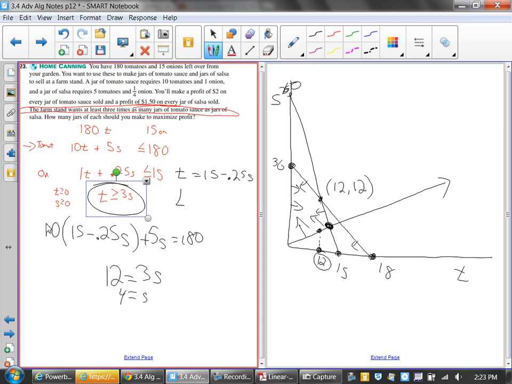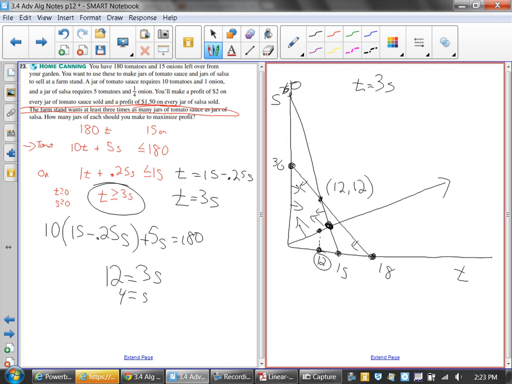Where does t equals 3s intersect the 60 and the quarter one? Okay? And that's where you get this weird value. So you have to look at the intersection when t equals 3s and t plus 0.25s is 15.